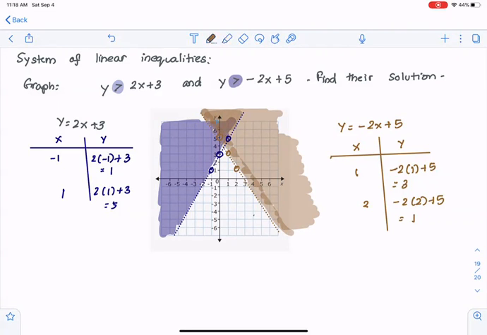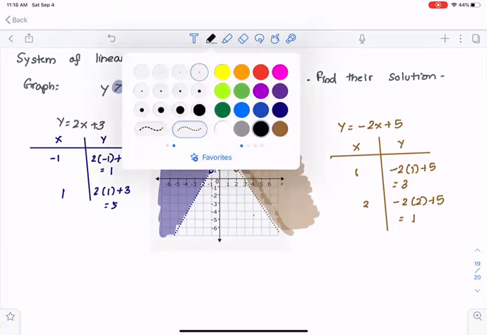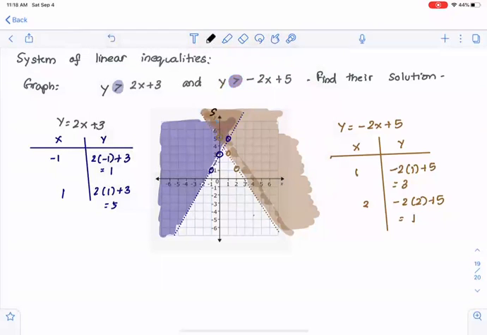So the solution region right there. So the points in that region are the only points that would satisfy the system of linear inequalities that we have.